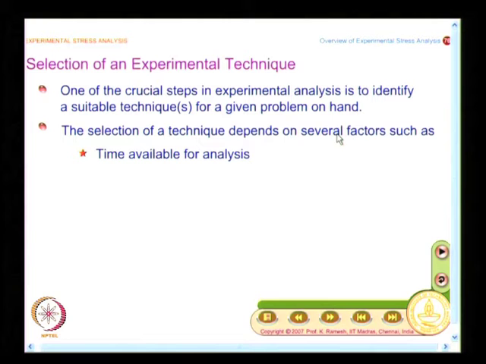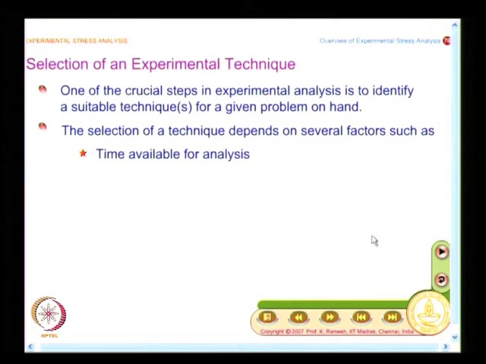One of the first factors is the time available for analysis. If you have time at your disposal, you can take your most elaborate method and then accurate method and find out the values. But if the time available is short, then you will have to find out which technique is appropriate.